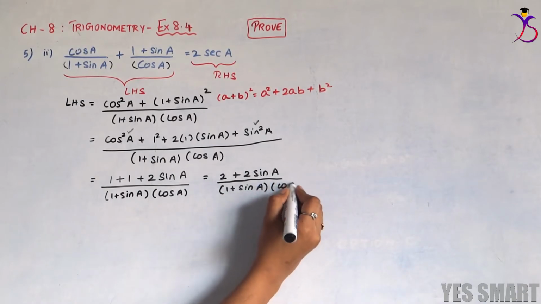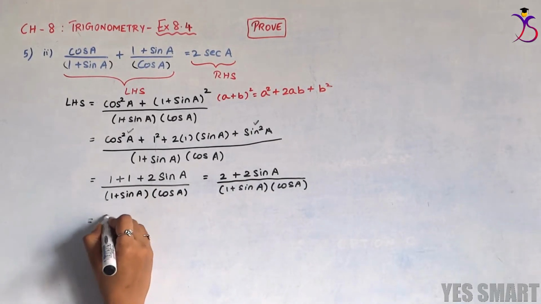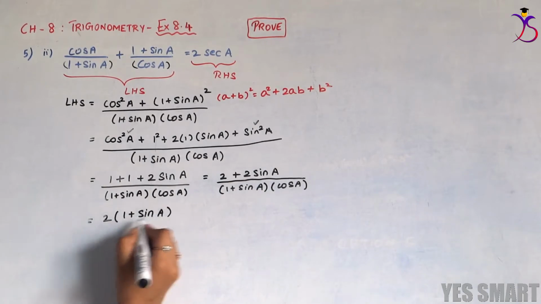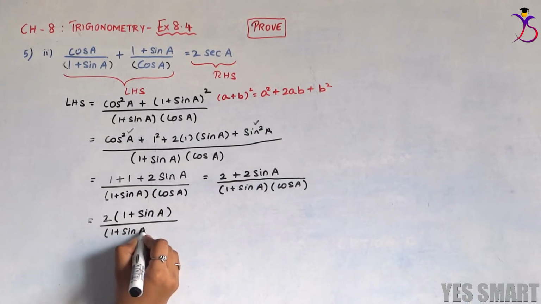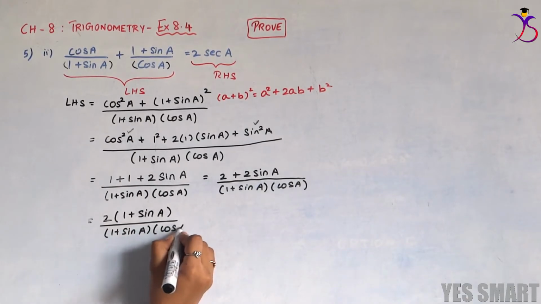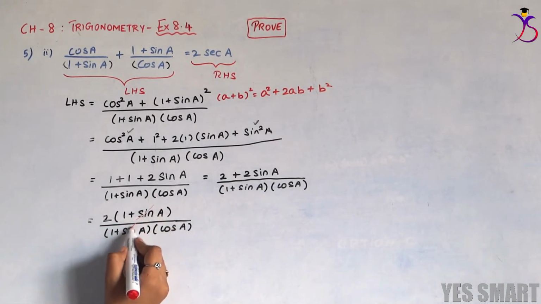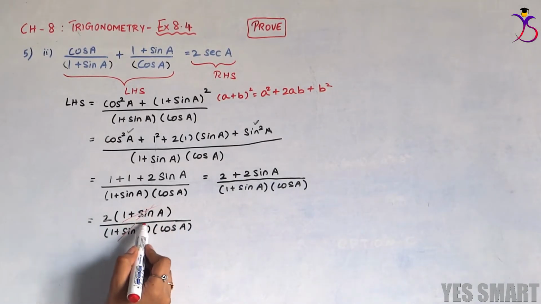Now in the numerator we have 2 common, so I am just taking the 2 outside. Hence we will have 2 into 1 plus sin a divided by the same denominator. Now we can cancel this 1 plus sin a from the numerator as well as the denominator. The complete term is being cancelled from the numerator as well as from the denominator.